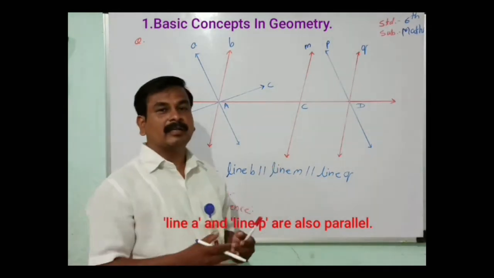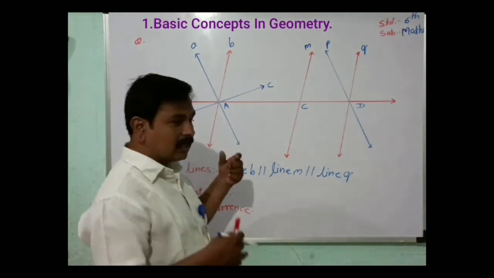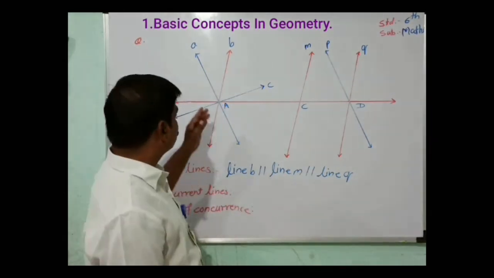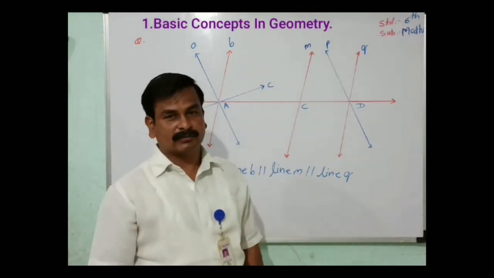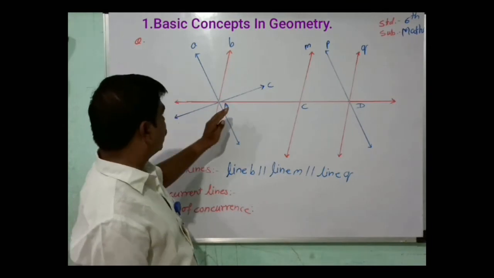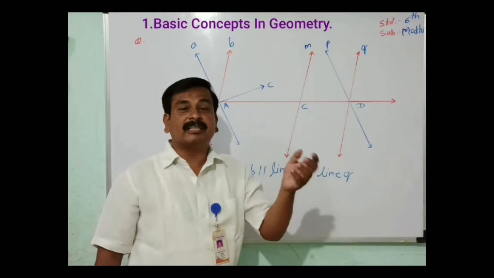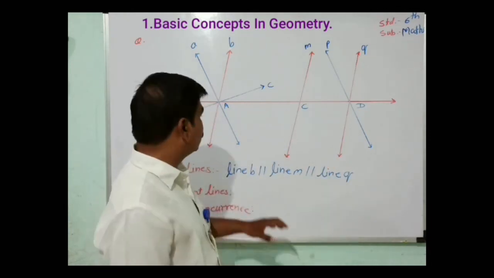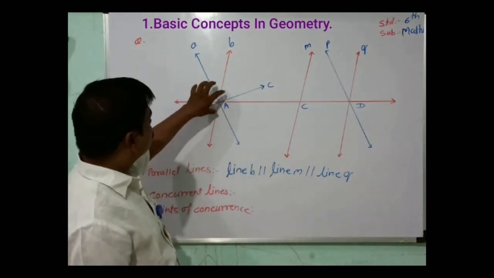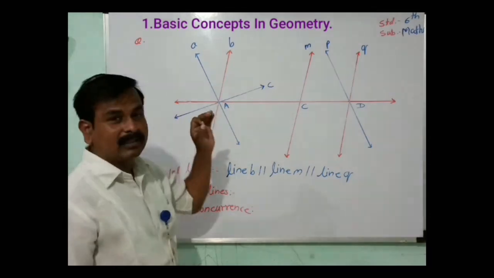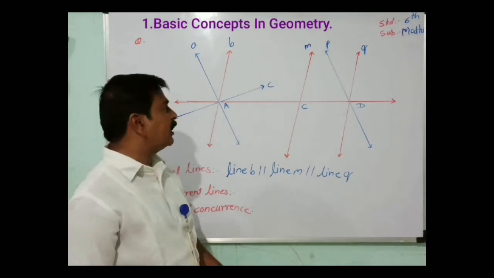Try to remember the definition of concurrent lines. Then we can choose the names of lines from the diagram which are concurrent. Three or more than three lines which intersect each other in one point are called concurrent lines. Here, more than three lines intersect in one point. So all these lines are concurrent lines.